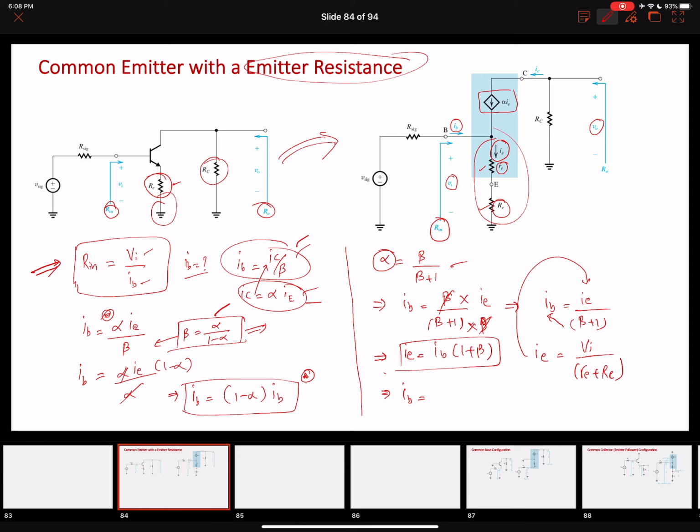IB equals VI divided by, okay, VI divided by small re plus capital RE into 1 plus beta. So this is the new value of the base current. Now we know that our input resistance equals VI over IB. So from here we can find the value of VI over IB.